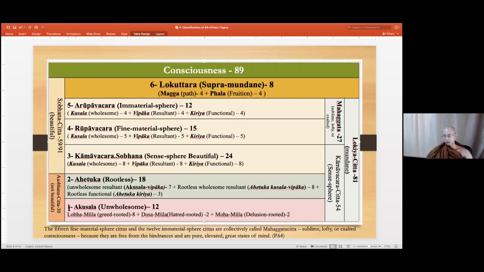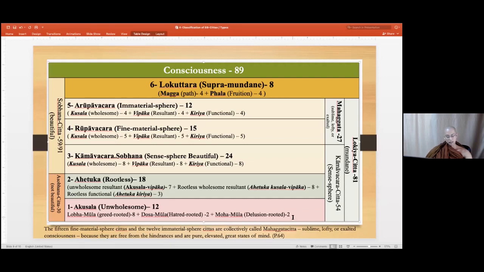The first, number 1, akusala, unwholesome, is 12. So we already have the number. How it becomes 12: lobha-mula, greed-rooted consciousness 8, dosa-mula, hatred-rooted consciousness 2, and moha-mula, delusion-rooted consciousness 2.